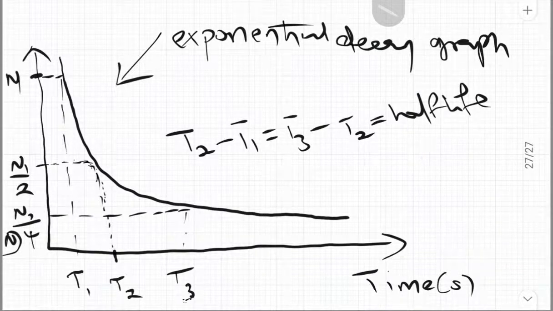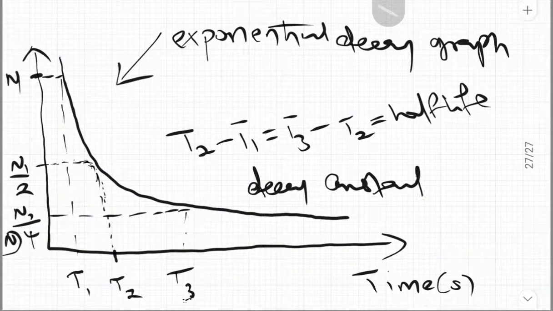In the next video, we are going to look at the decay constant, which we're not going to do in this video. In this video, we're just going to be solving examples using the formula that I provided initially.